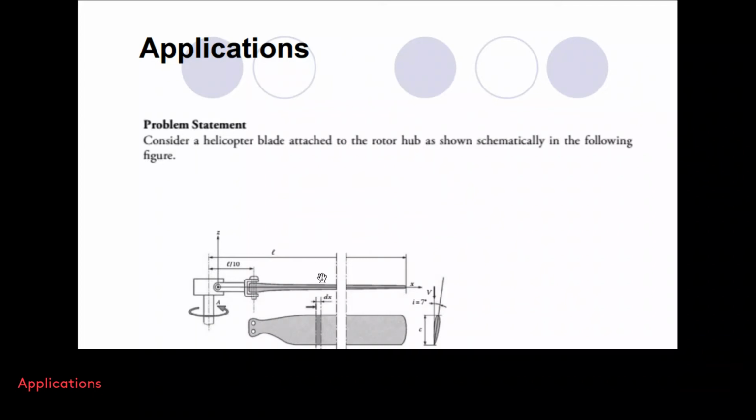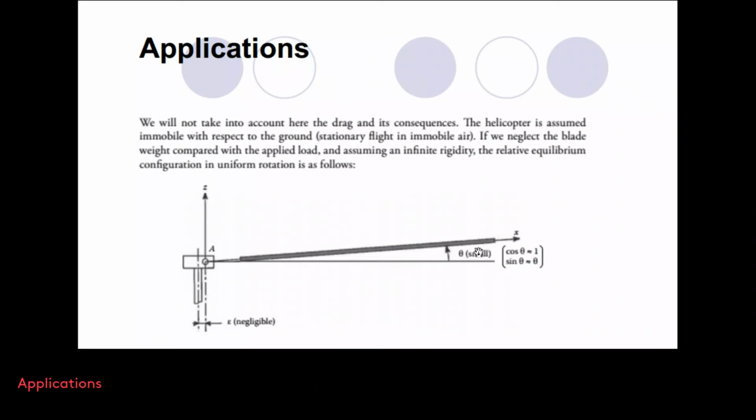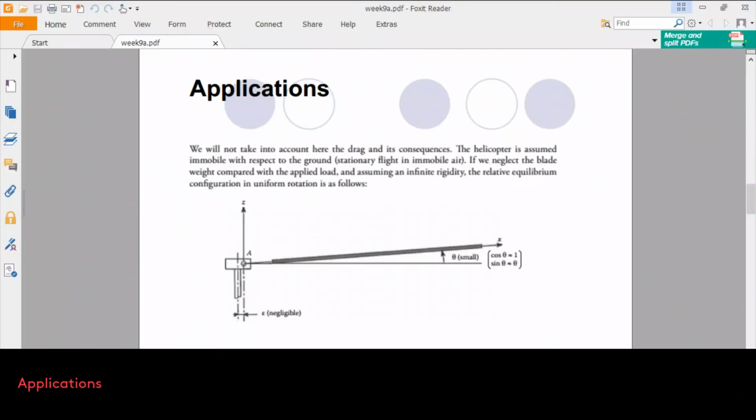This means that the moment generated by the lift force, which is in the z direction, has to be balanced by the moment generated by the centrifugal force, which occurs because of this small angle, because the centrifugal force has a component in the horizontal direction. So let's write the moment equilibrium.